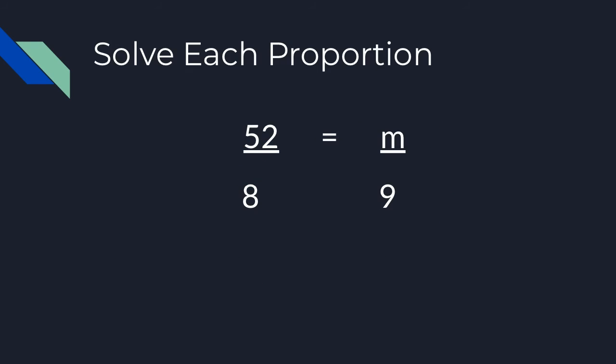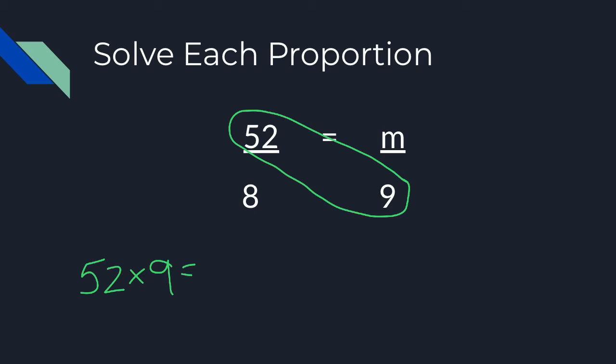All right, so this one is all you, no hints. I want you to stop, work it, and come back when you have an answer. So I would start with my first diagonal. 52 times 9 is my first cross product, and that is 468.